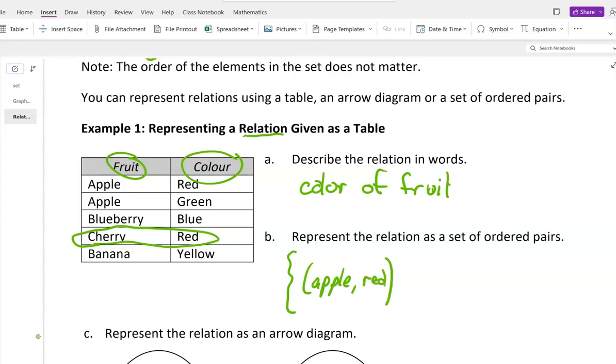That's one element of the relation. I could also write an apple is green, etc. I could write them all, but I think you get the idea. And this is a set, a set of ordered pairs. Ordered pairs means what's the element in the first set compared to the element in the second set.